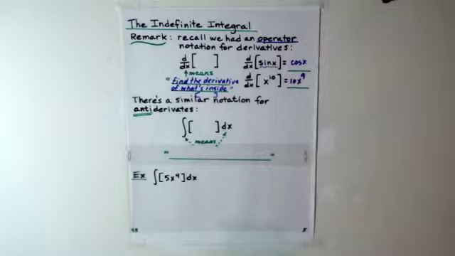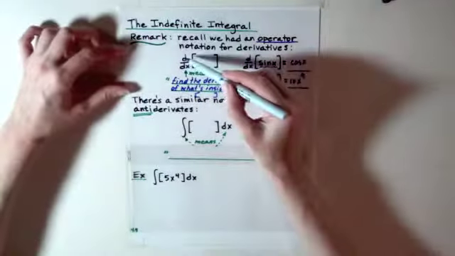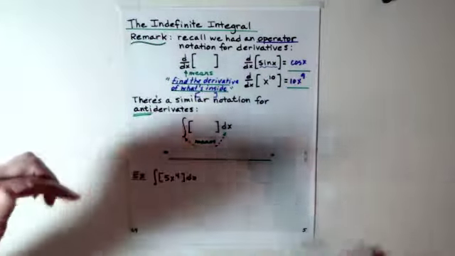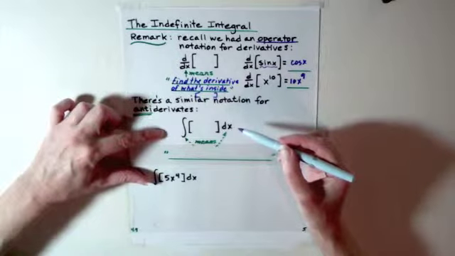Well, there's a similar notation for finding antiderivatives, and it's a weird kind of notation. It'll look kind of crazy to you, but I promise that later in section 5.1/5.2 we will talk about where these symbols came from, and they will make some sense. Just like the operator notation for finding derivatives looked really weird at first, the same is true for finding antiderivatives.